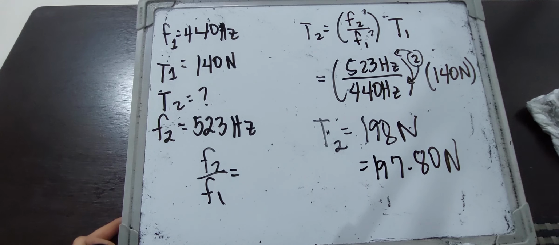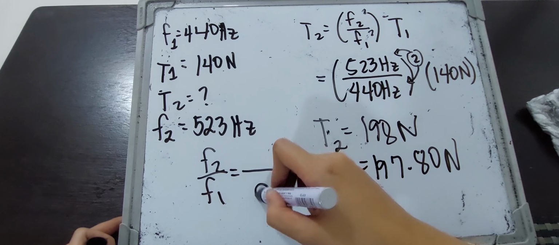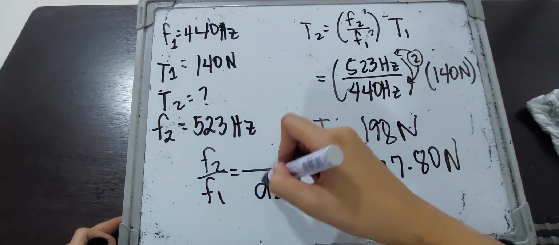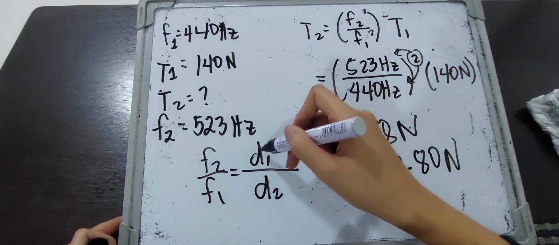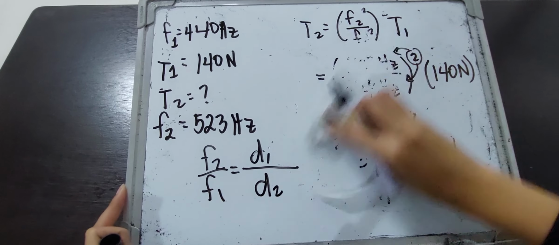Okay? If the factor you will use is the third factor, which is frequency is inversely proportional with the diameter, since inversely proportional, our D sub 2 is at the bottom and D sub 1 is in the numerator.